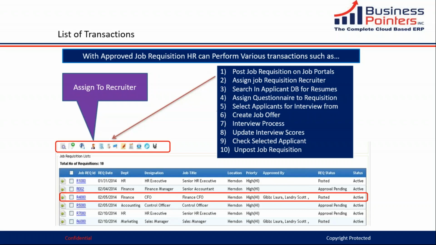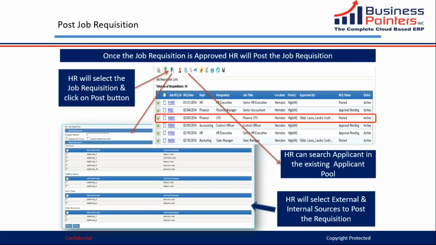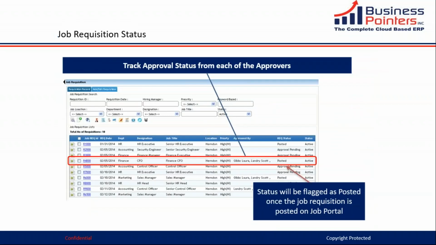So in this case, you will have every requisition and how many people applied for it. There's also a read/unread feature where you can check how many applied and how many were actually responded to or rejected. There's also an automated rejection workflow.